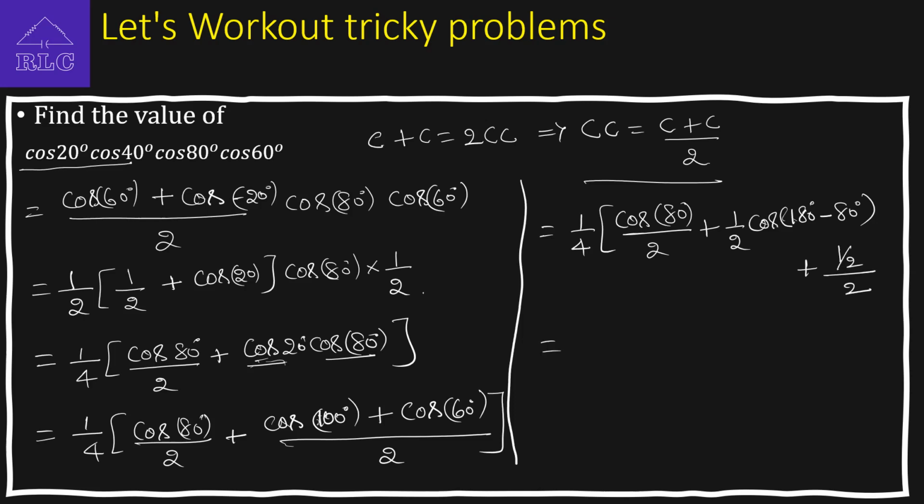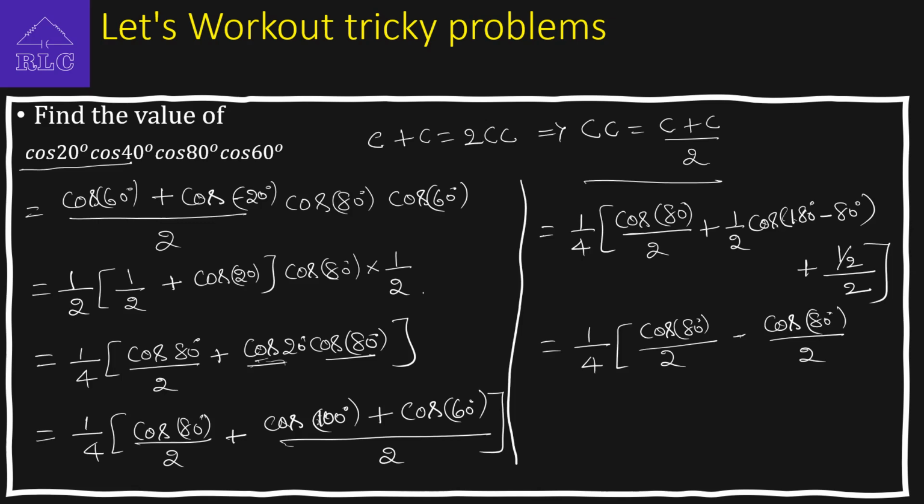Which is nothing but 1 by 4, cos 80 degrees by 2, plus 1 by 2 divided by 2. 180 minus means second quadrant, having x-axis approach, so you'll get minus cos 80 degrees by 2.